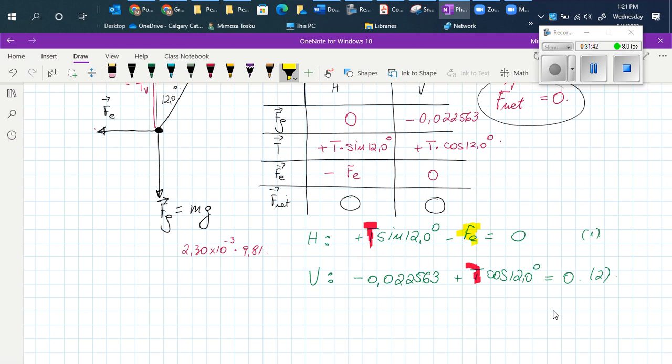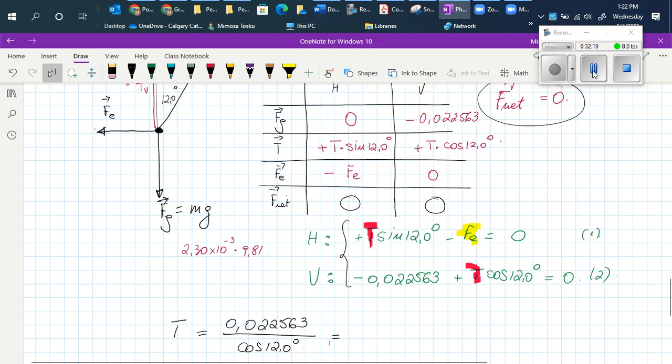Okay, so now how do we solve this? This is kind of an easy system of linear equations because you have two equations, and in one of the equations you have only one variable. So if we use equation 2, we can find that the tension is equal to 0.022563 over cosine 12 degrees, whatever the calculator gives us.